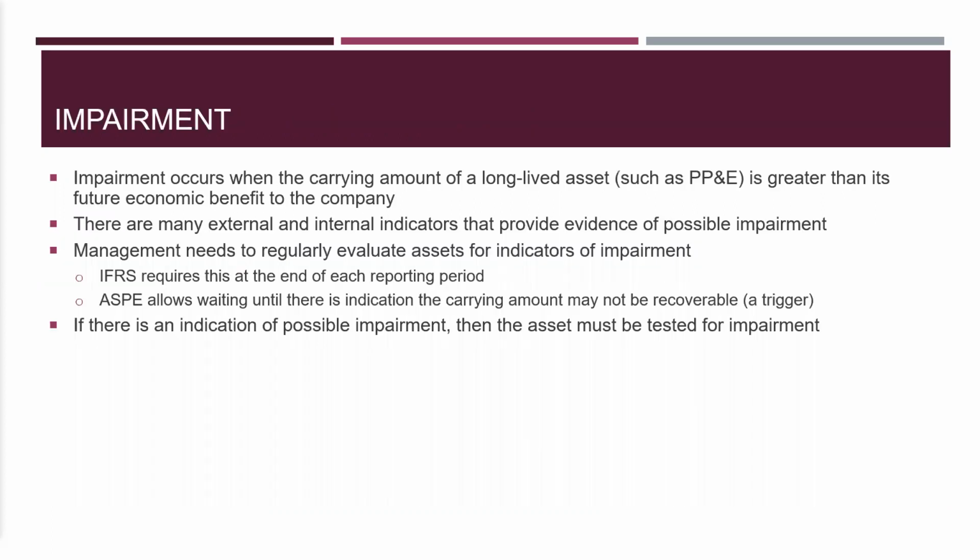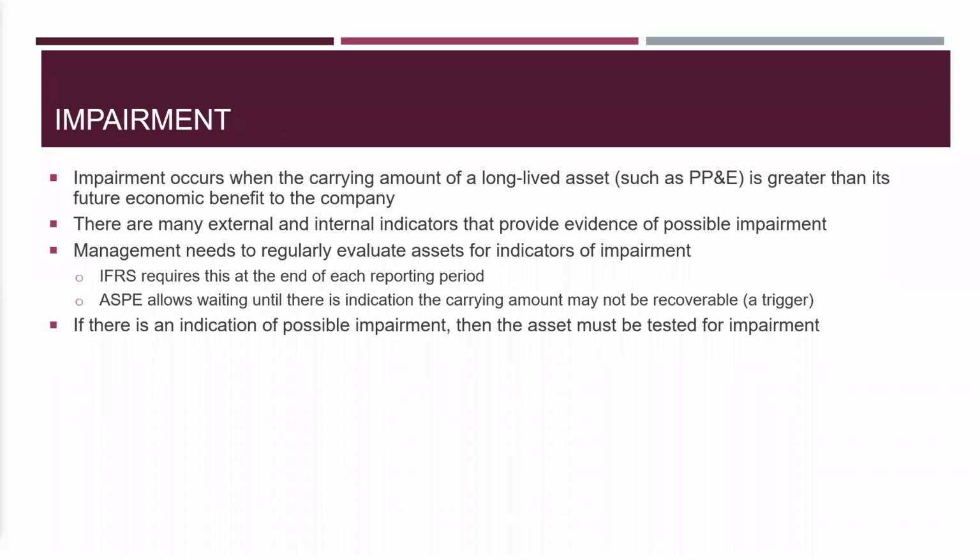Let's look at impairment. Impairment will occur when the carrying amount of your long-term asset is greater than its future economic benefit to the business. That can be evident from the external and internal indicators to assess possible impairment. So the management needs to regularly evaluate the assets for the indicators of impairment.